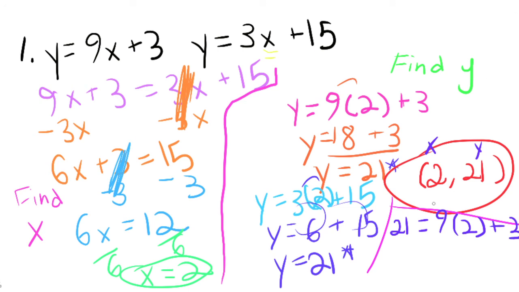And since this equation is true, this is definitely correct. And just to reassure myself, 21 also equals 3 times 2 plus 15. And with both of these equations being true, that means that this whole problem is correct.